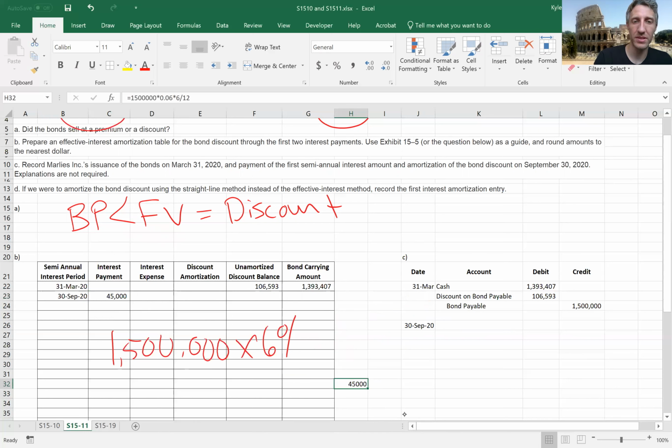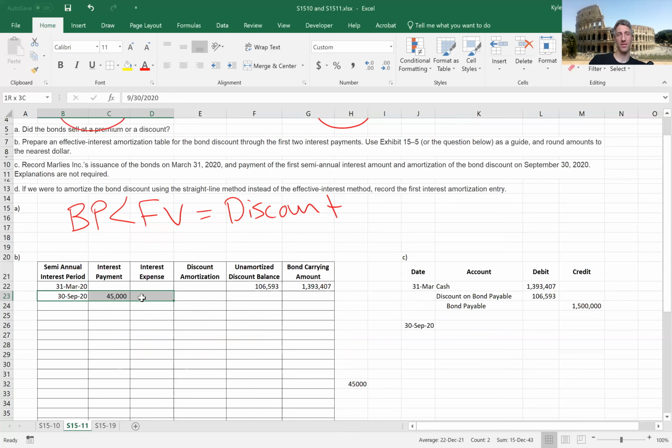Let me just clear this up so I have more room to work with. But that's not the interest expense to this corporation as of September 30th. With the effective interest rate method, the interest expense is dictated by the market interest rate, not the coupon rate on the bond.